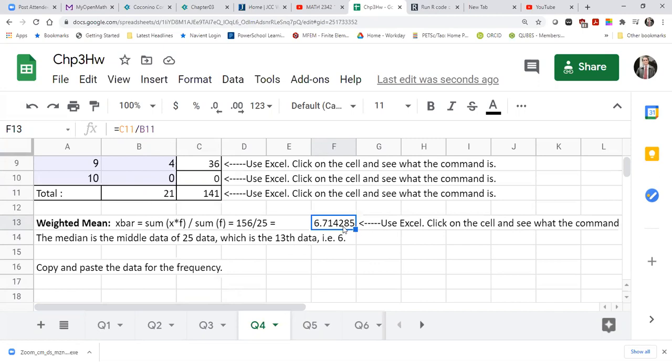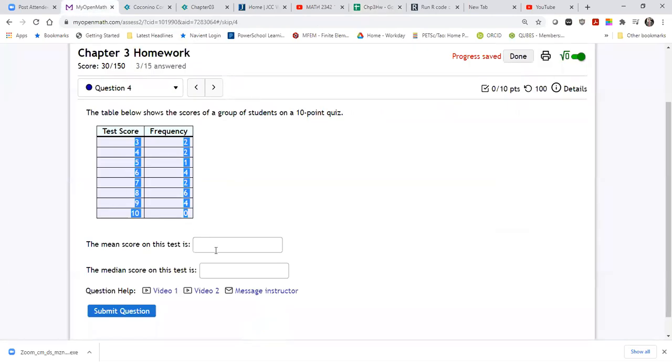Okay. It gives you this answer. So you just copy and paste it to your answer. So this is the mean here. Okay. How many decimals? They didn't tell you anything, right? So you can copy everything, right?